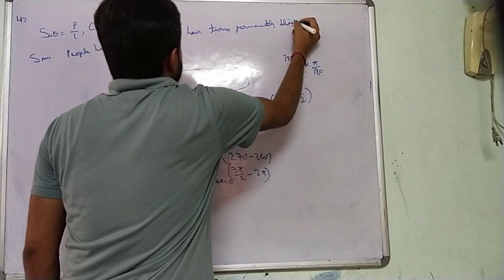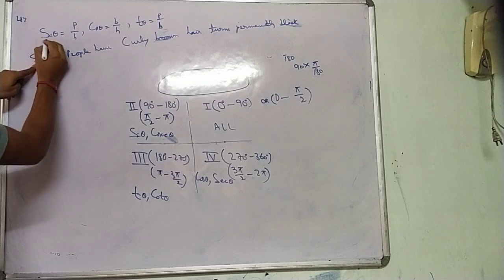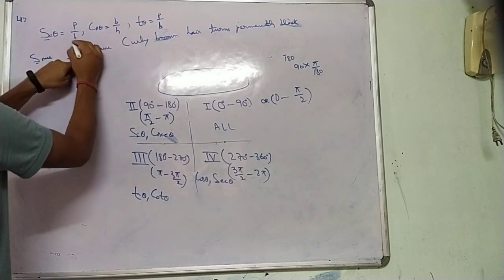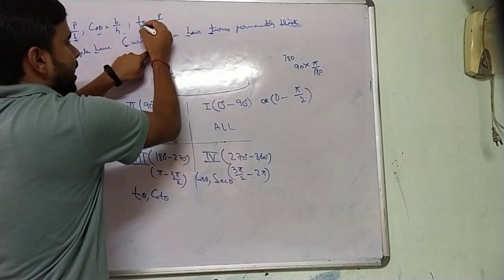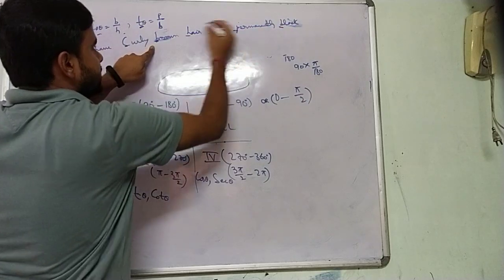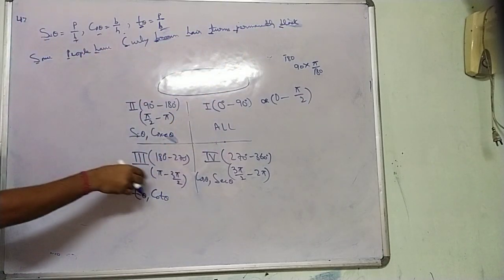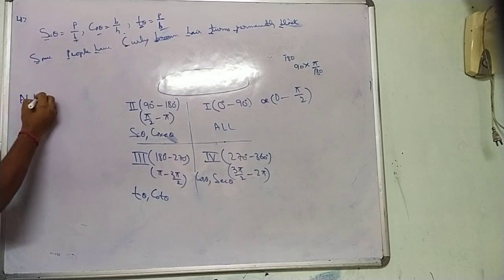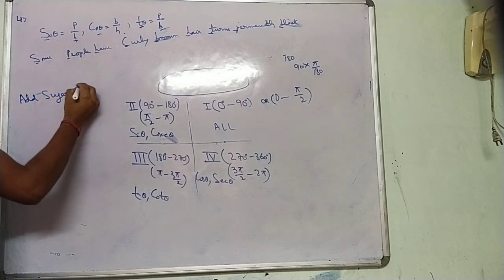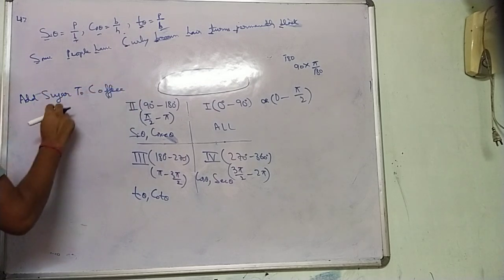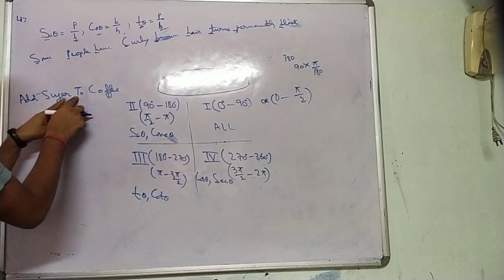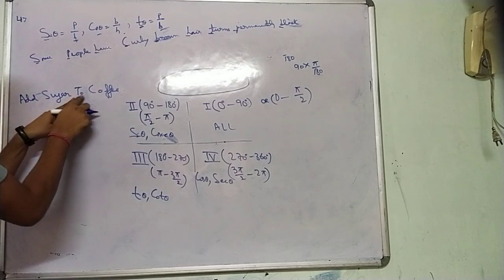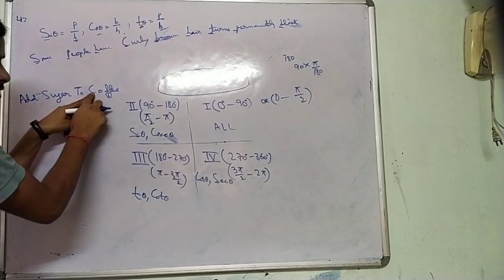So S stands for sine, P stands for perpendicular, H stands for hypotenuse, C stands for cos, B stands for base, T stands for tan. Exactly the same way you can remember this by a simple mnemonic, that is all add sugar to coffee. A stands for all, S stands for sugar, S stands for sine, T for tan, coffee, C stands for cos.